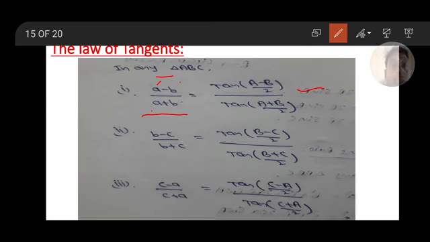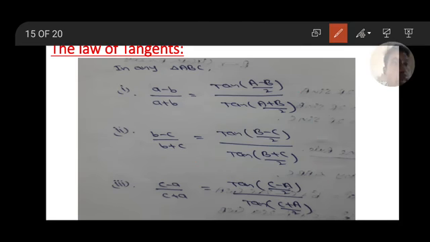Next, (b − c)/(b + c) = tan((B − C)/2) / tan((B + C)/2). Next, (c − a)/(c + a) = tan((C − A)/2) / tan((C + A)/2). These are called the law of tangents.